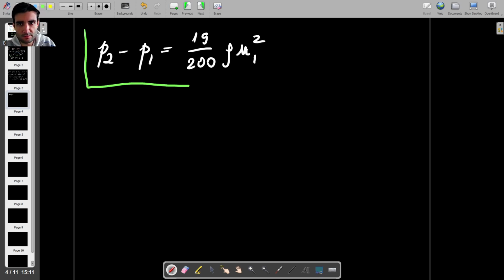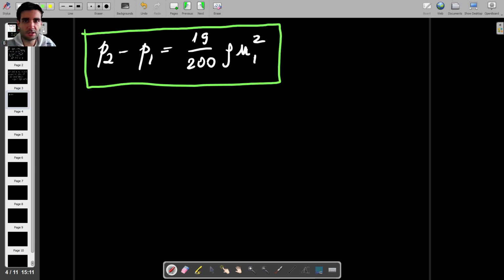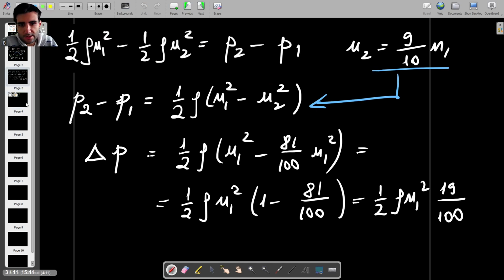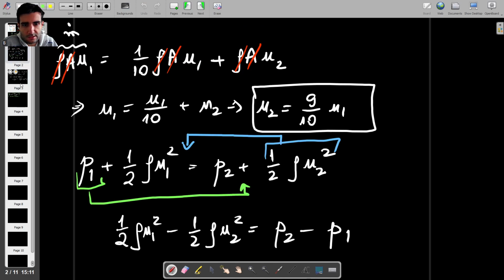It's just the pressure, or the change in pressure, simply in terms of the inlet velocity and of course the density of the liquid. And that's it. And you can see that in this case, the pressure is increasing. Okay, so this is the Bernoulli equation that we started from.